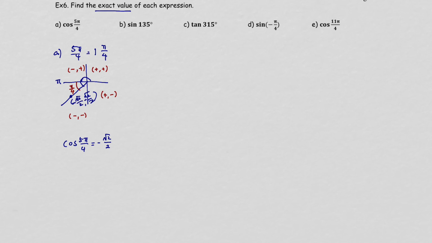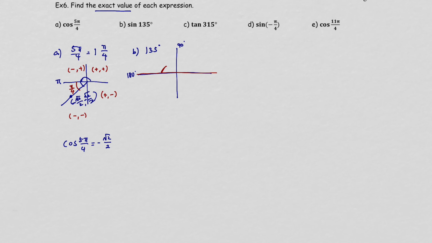Let's do another one with an angle this time. So let's see. What does 135 degrees equal to? 135 is between 90 degrees and 180 degrees. So I want to know how far from 90 or how far from 180 degrees, because my measurement has to start from this line, right?